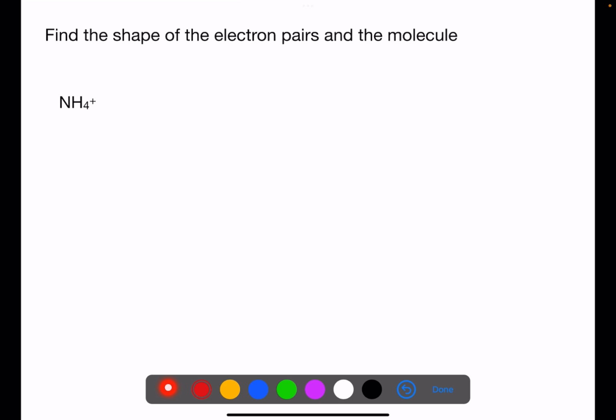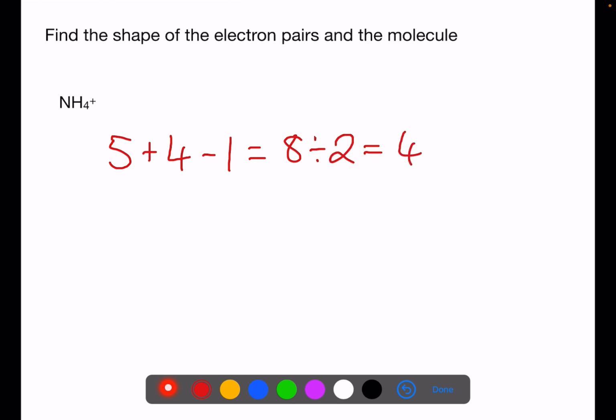Here we have an ammonium ion, so 5 electrons on the nitrogen, plus 4 hydrogens attached, minus a charge of 1, so it's going to give 8 electrons around the centre. If we divide that by 2, we've got 4 electron pairs, tetrahedral. If we take off the 4 things attached, we've got 0 non-bonding, so your molecule is also tetrahedral.